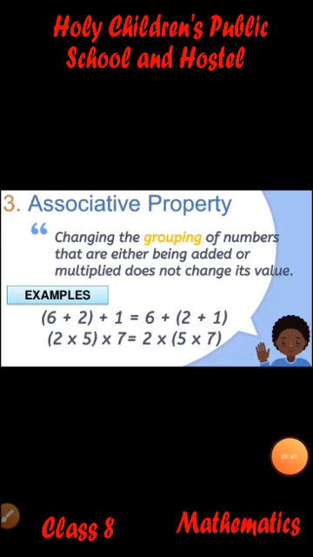Coming to the third one, that is the associative property. Changing the grouping of numbers, either being added or multiplied, does not change the value. We simply take the first example, 6 plus 2 plus 1, where on the left hand side 6 plus 2 are added inside the bracket, and 1 is simply added to it.